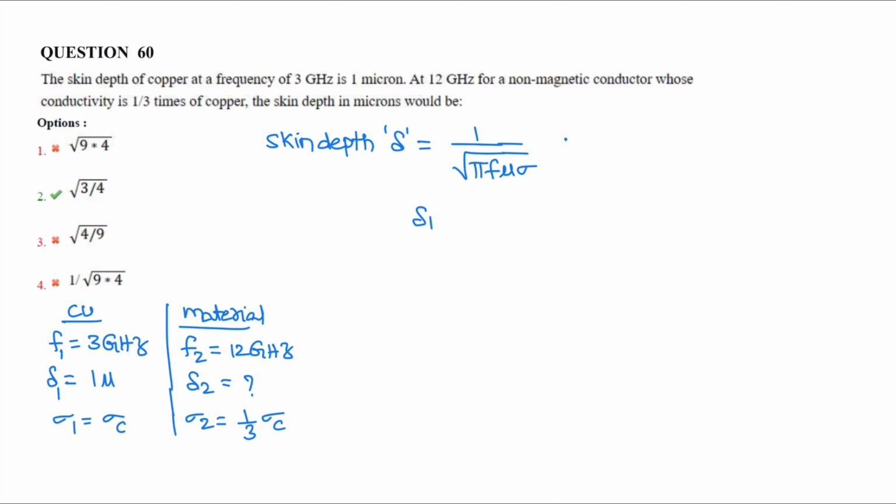Now this delta is proportional to 1 by square root of frequency into conductivity. So delta 1 by delta 2 is square root of f2 sigma 2 by f1 sigma 1.